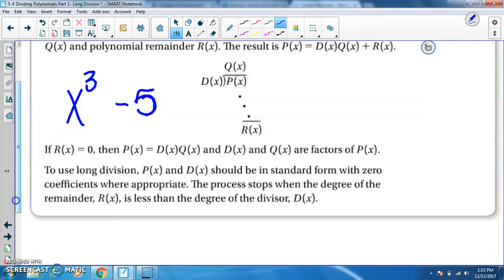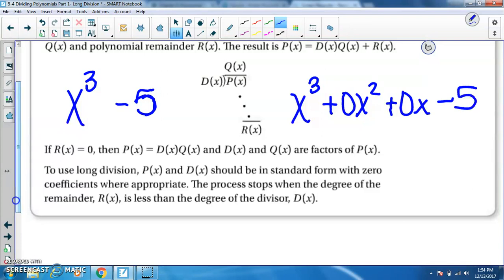We would need to write that as x cubed plus 0x squared plus 0x minus 5, so that we have every placeholder. When we're done, we know we're done because the degree of what was inside our division is less than our divisor. And then if there is anything remaining, that is our remainder.